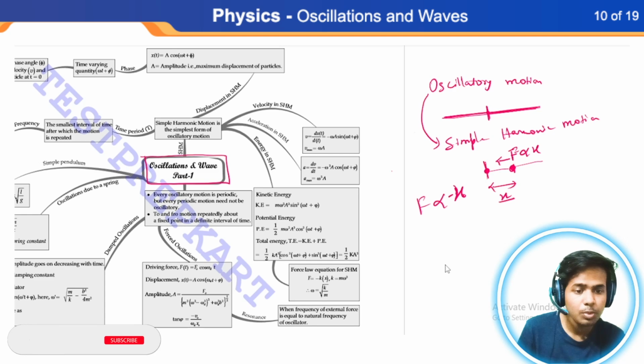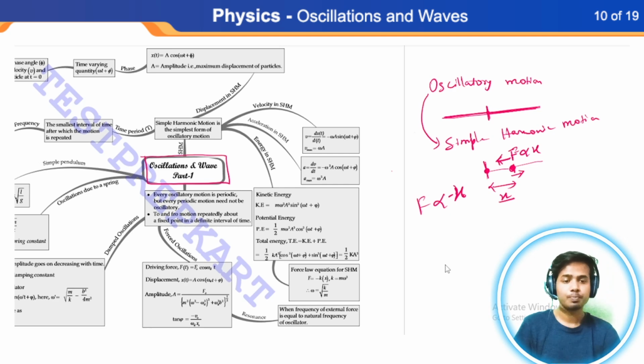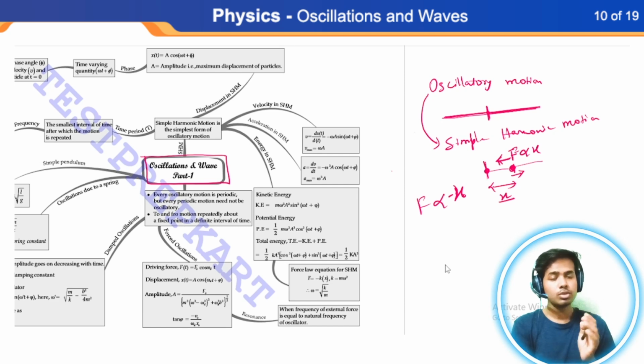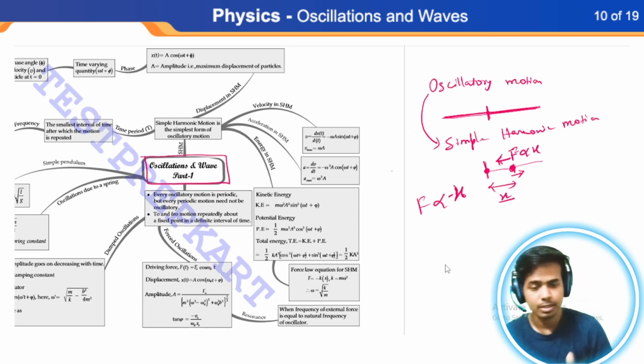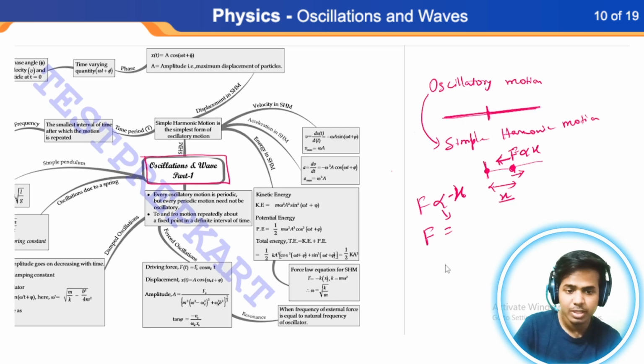If this is the mean position and the particle has moved in the right direction, then force is going to be exerted in the left direction, so that it comes back to its original position. If a particle is going forward, then to bring it back we have to apply force backward. That is the meaning of that. Converting proportionality into equality, F is equal to some constant into x. Since minus was there, I have put it there.